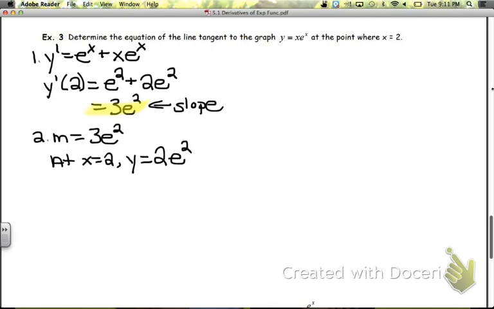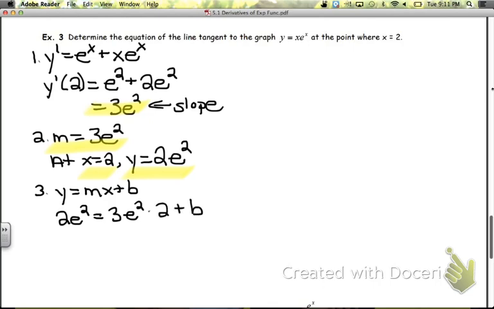So using this information, we can then use y equals mx plus b, and we can sub in our slope, and we can sub in our x and our y to solve for b. So we have 2e squared is equal to 3e squared times 2 plus b.